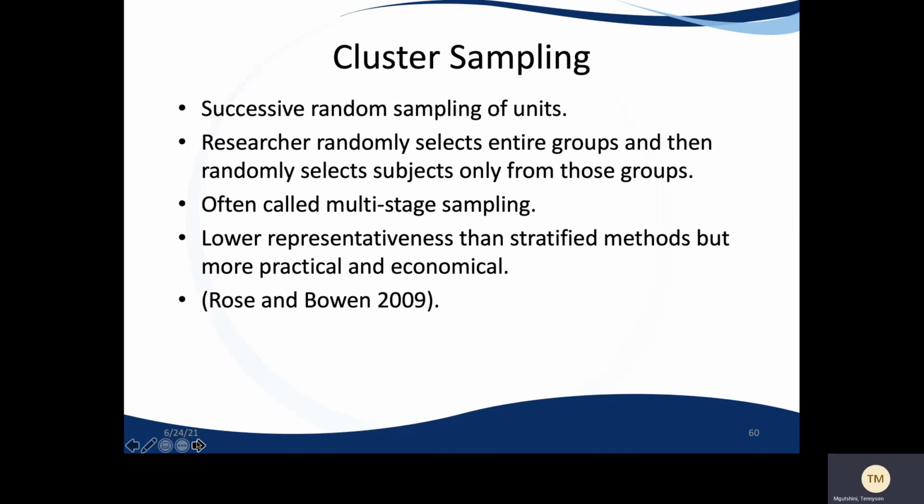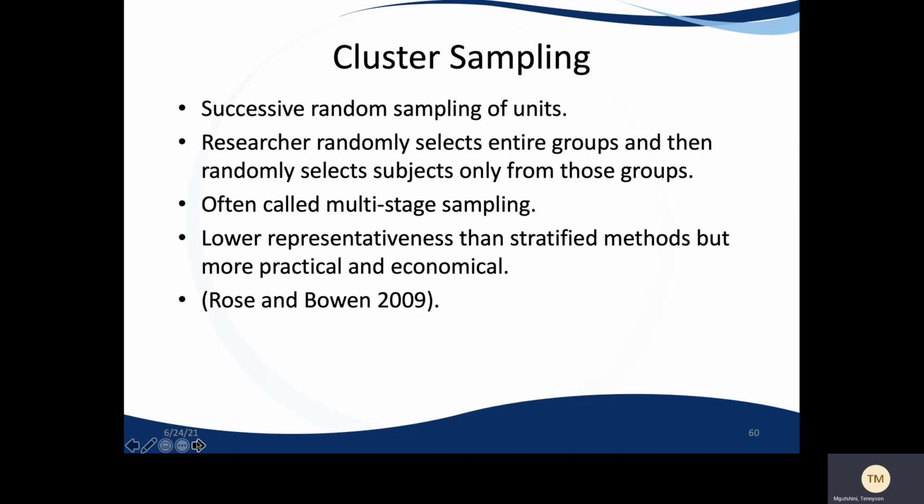Of course, when you do cluster sampling, all you're doing is randomly selecting units, and you randomly select from those units until you get to the numbers that you want.